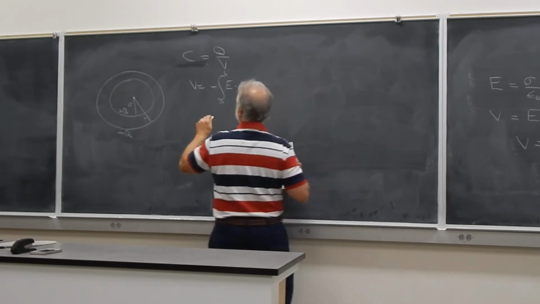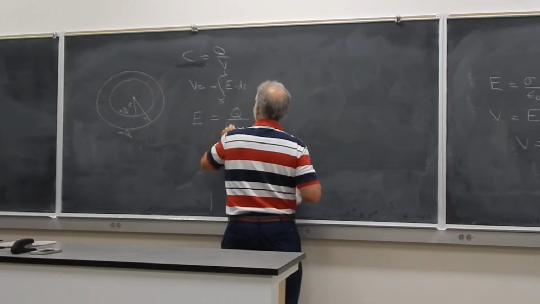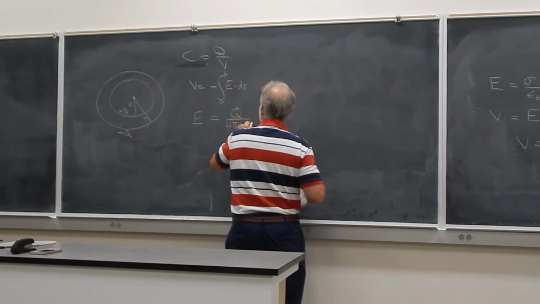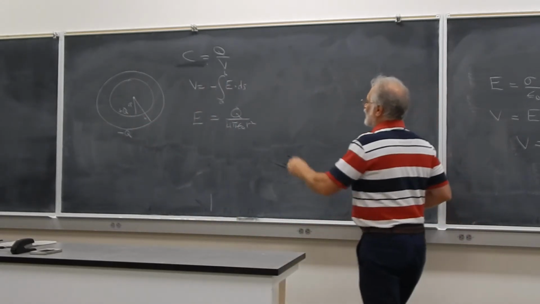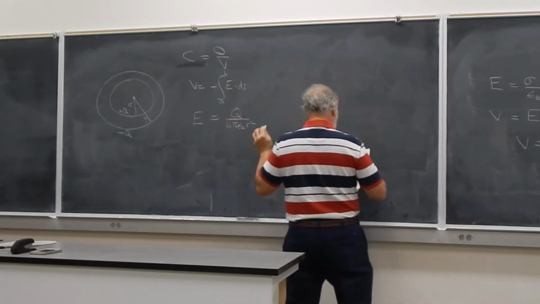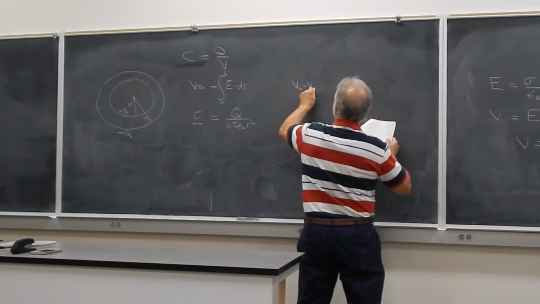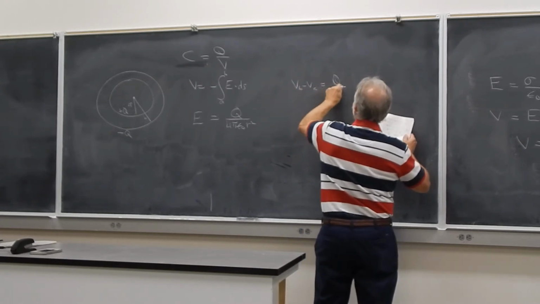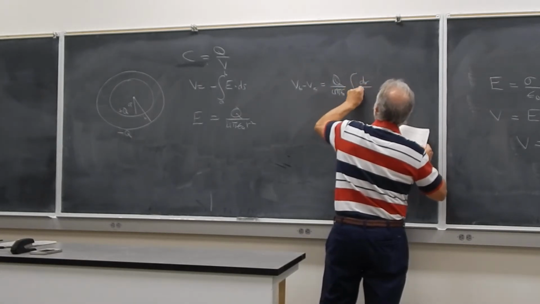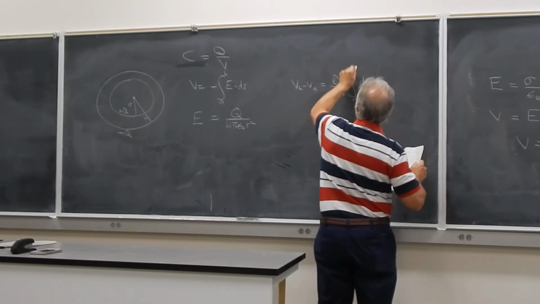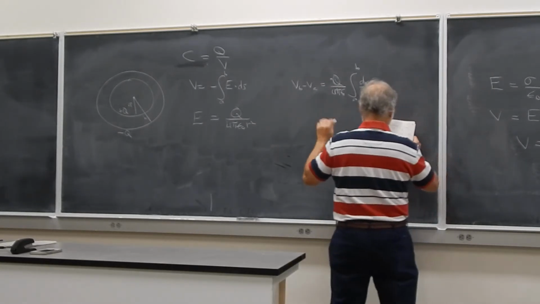And then, of course, the electric field for a sphere, we can do that immediately, don't even have to use Gauss's law. It's just going to be Q over 4 pi epsilon naught times r squared, where r lies between A and B. And so if I insert this into my electric potential equation, I'm going to get that V_B minus V_A is equal to Q over 4 pi epsilon naught times the integral of dr over r squared from A to B. There'll be a negative in there, even though we're going to get rid of the negative sign ultimately.